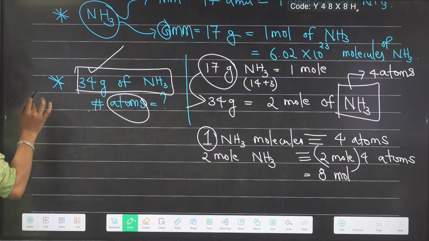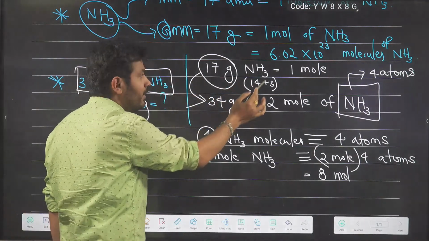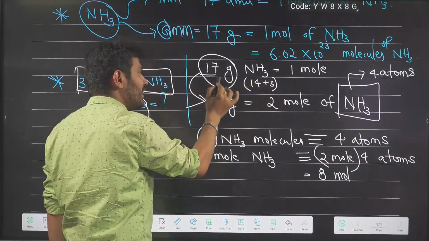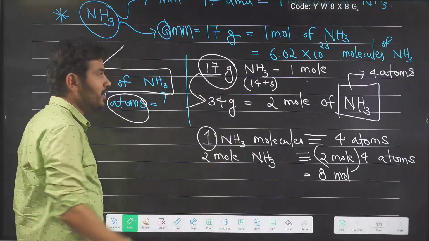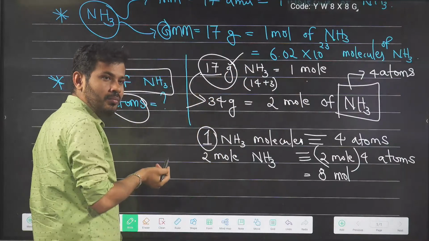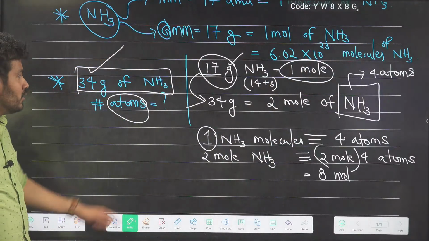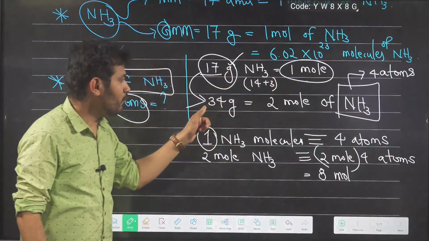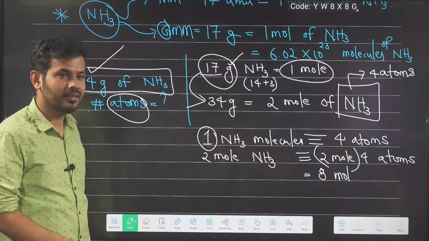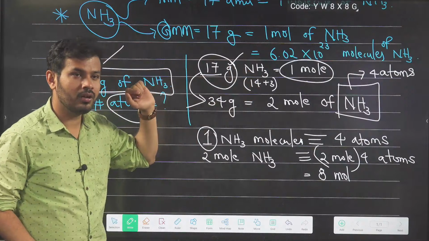You can calculate nitrogen atomic mass 14, 3 hydrogen 3, so total 17. So 17 gram is 1 mole. Because when the unit is in terms of gram, then it is gram atomic or gram molecular mass, and it will contain 1 mole of the particle, if you remember, right? So 17 gram is 1 mole, 34 gram will be double of that, 2 mole. Very simple, right? Now if 17 gram is 1 mole, 34 gram is 2 mole.